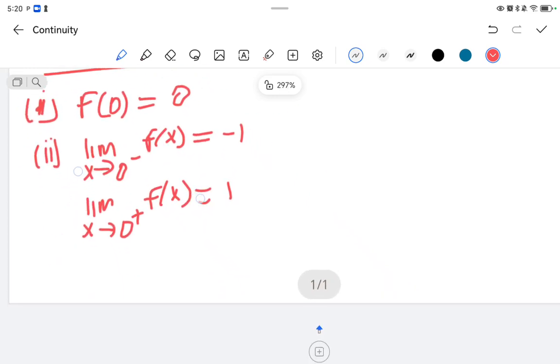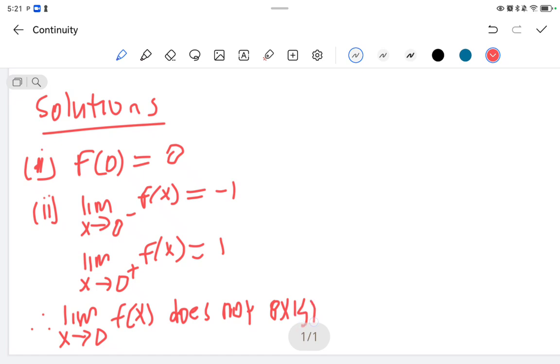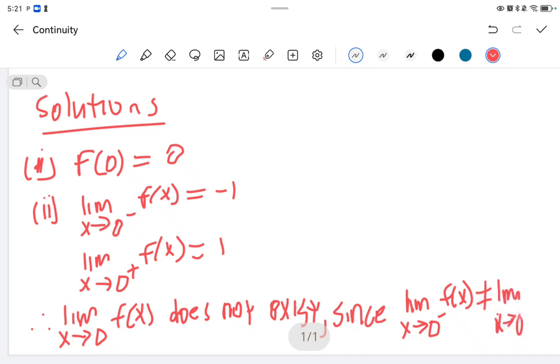Therefore, we have realized that the limit as x approaches 0 of f of x does not exist. But we must state why. Since the limit as x approaches 0 from the left of f of x is not equal to the limit as x approaches 0 from the right of f of x.